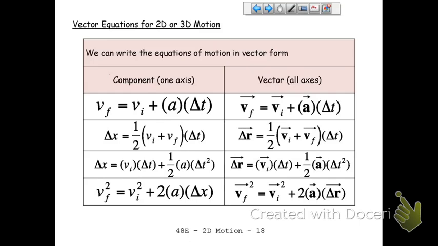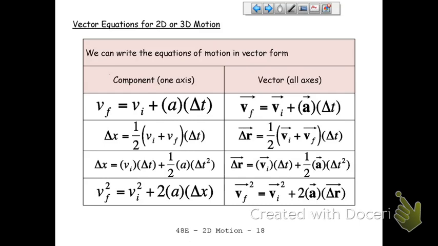We know these, but the trick is we only do x stuff with x stuff, and y stuff with y stuff. So now I'm saying, why can't we do IJK stuff with IJK stuff? Why can't we just say vector Vf is equal to vector Vi plus vector acceleration times the time interval? Why doesn't that work? And actually we find it does.